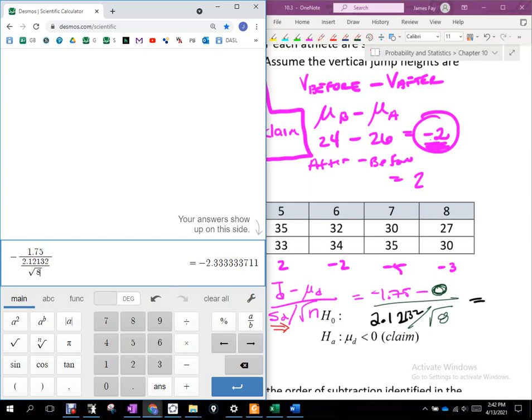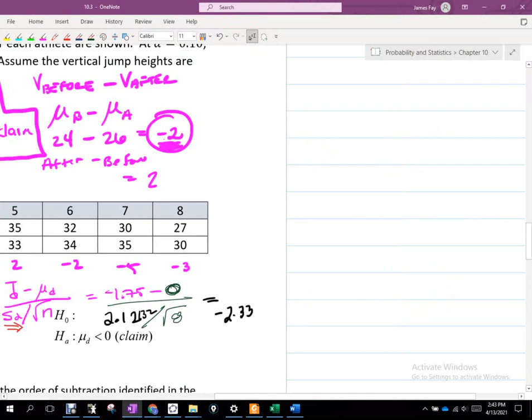Okay, so that's my T value, -2.33. And what we find out, because we rounded this standard deviation, right? You'll find out if you don't round that, this stays -2.3333333. But regardless, doesn't matter. So that's our T value. Does that make sense? Okay, so that is what we are going to compare to our critical values.